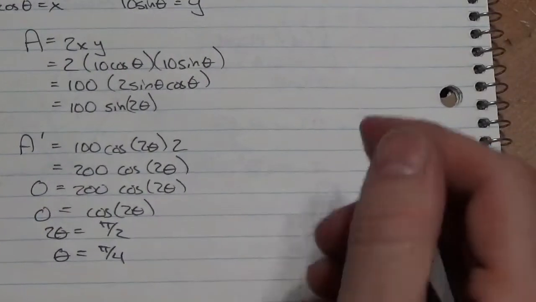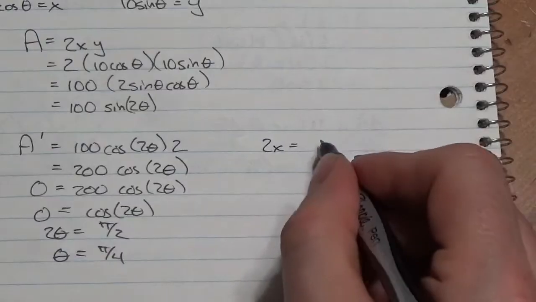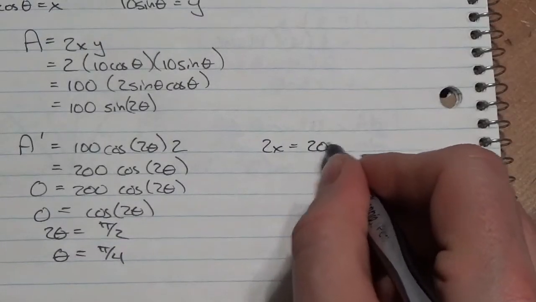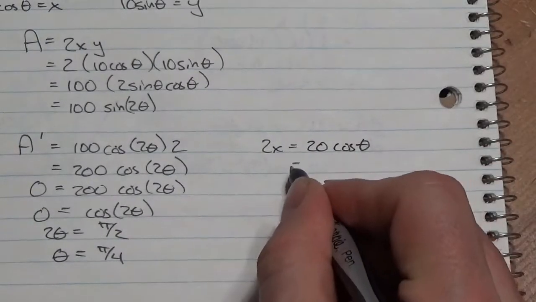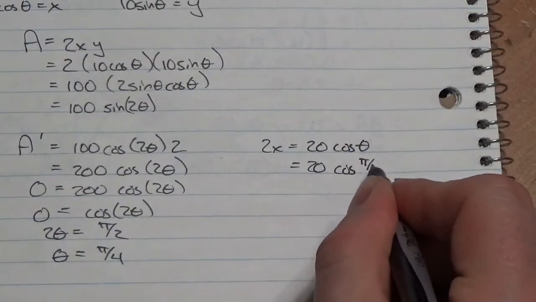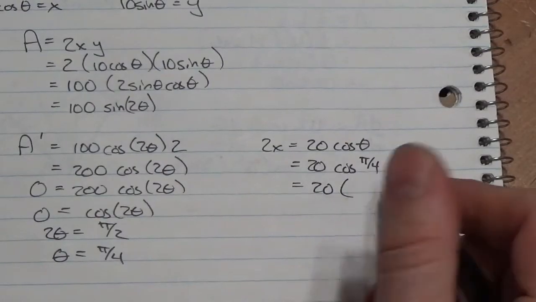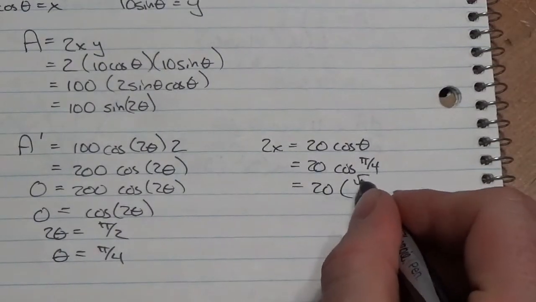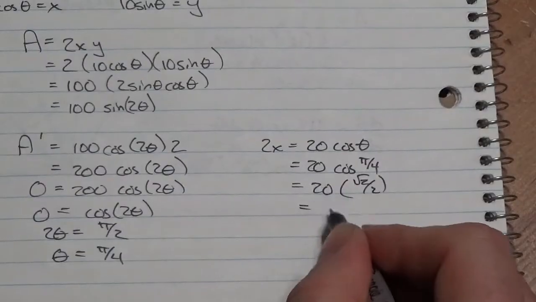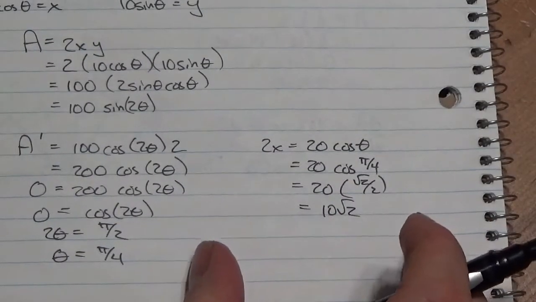So now this is so easy. 2x is the base, and that's going to be 20 cosine of theta. And so 20 multiplied by the cosine of pi over 4, well, that's going to be 20 multiplied by root 2 over 2, which is just going to be 10 root 2. That's going to be the length of my rectangle.